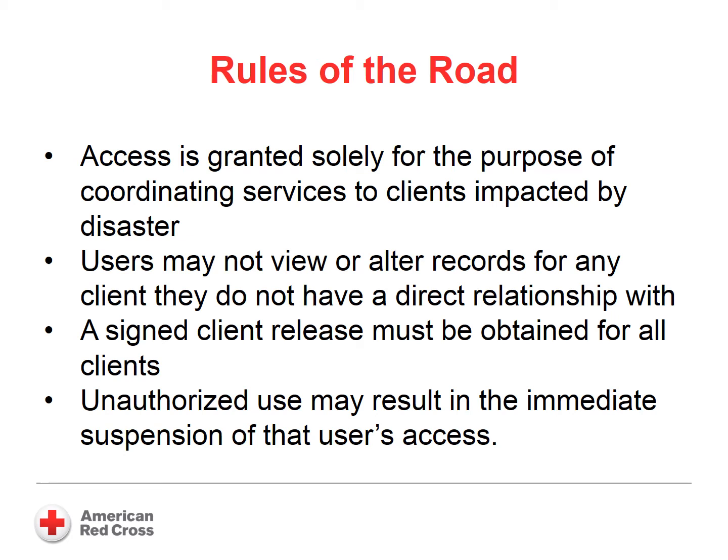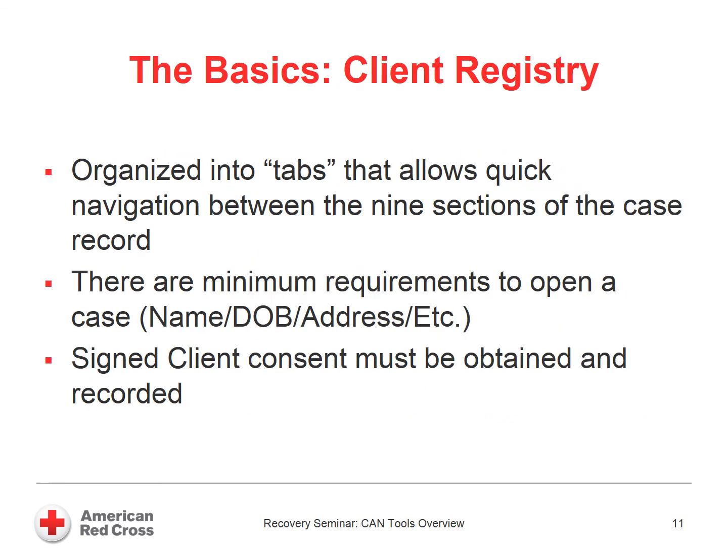Access is granted only to those agencies with users with a direct relationship to the client via a signed, recorded release document. Any use that does not adhere to the posted CAN guidelines will result in immediate suspension of the agency's access. The client registry is composed of 9 tabs documenting the process for creating client data in the system.